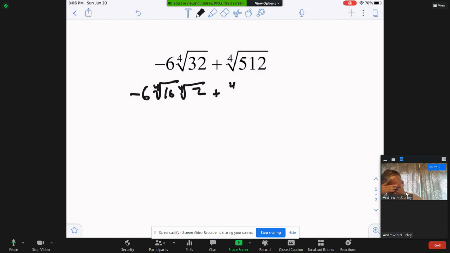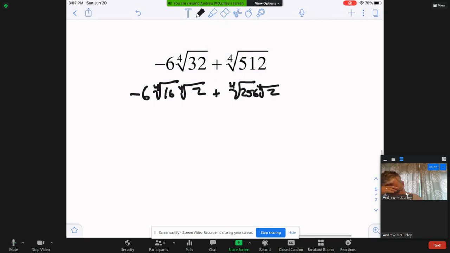It's going to be 32, but then you do it twice. So it's 16. So that's going to be the fourth root of 256, fourth root of 2. All right, so 256.